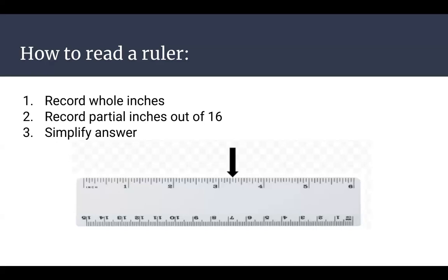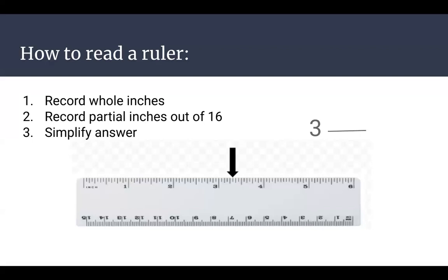So how you're actually going to read a ruler: if we read this measurement here with the arrow, the first thing we want to do is record our whole inches. These numbers on the ruler are the whole inches. We're going to see which one we passed last. The one we passed last is 3, so we're going to put a 3 down.